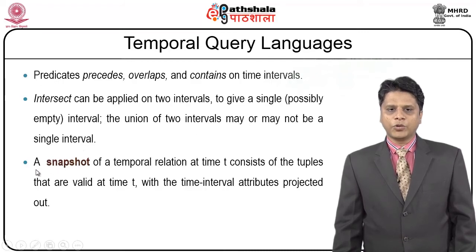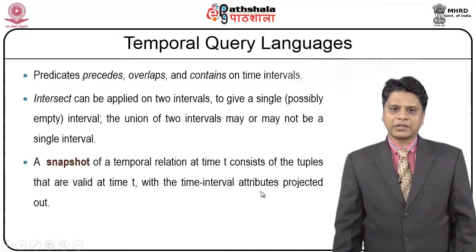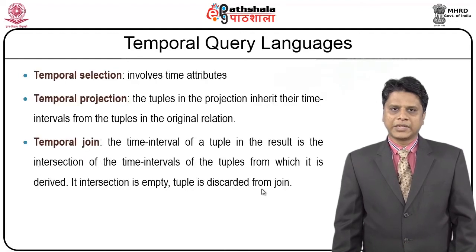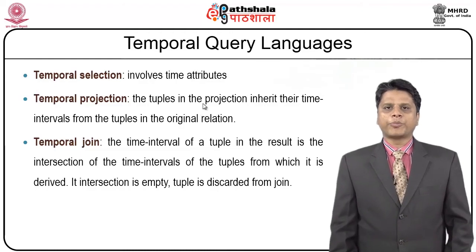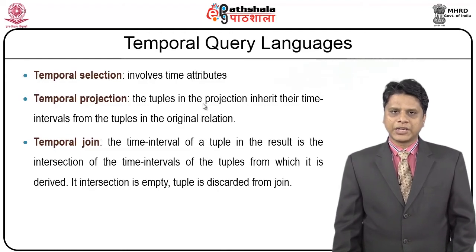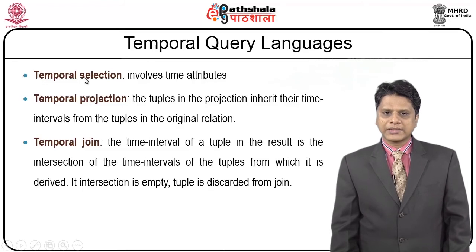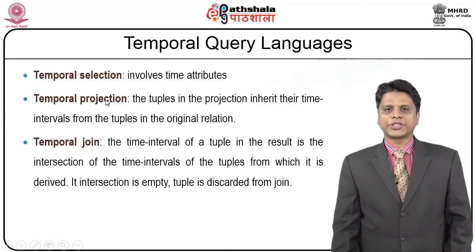We might have to take a snapshot of a temporal relation at time t, consisting of the tuples that are valid at time t, with the time interval attributes projected out. Further, temporal query languages also support major relational algebra operators like temporal selection, temporal projection and temporal join.